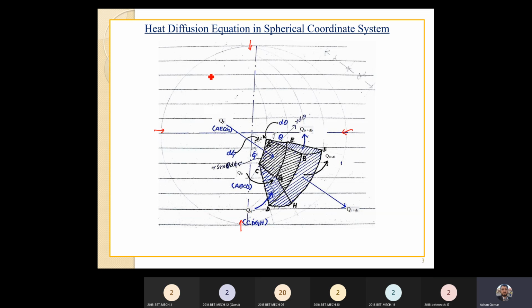There, we picked a small element of a plane wall or a cylinder, calculated the temperature distribution from that small element, and then integrated it throughout the boundary limits of the wall and cylinder, and by integrating that we calculated the overall heat transfer through that system. The same thing we will do in this case.